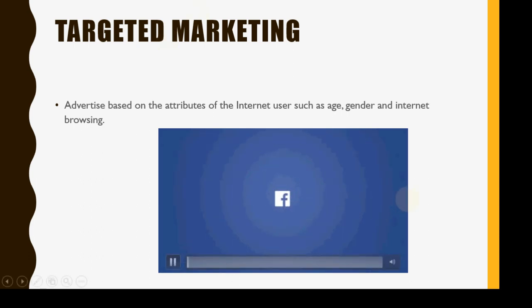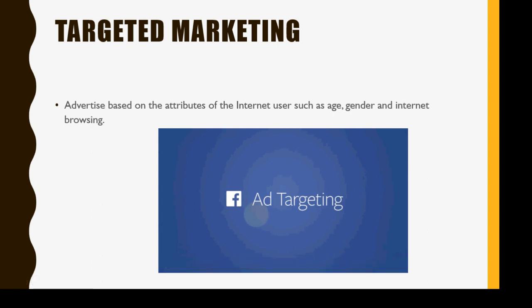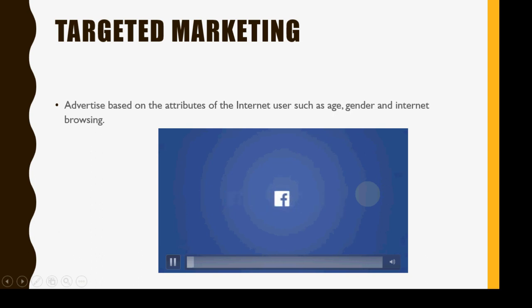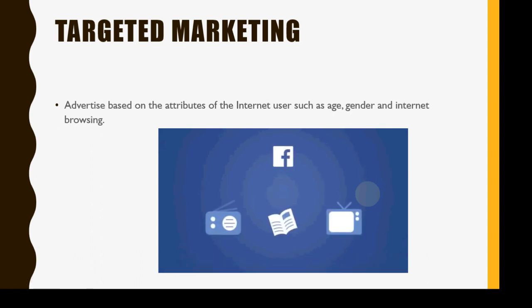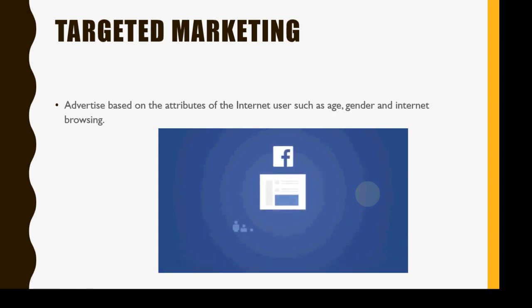In this short video, you'll learn how Facebook ads help your business reach the right people. Facebook is different than other ways of advertising because we can get your ads to just the right people.